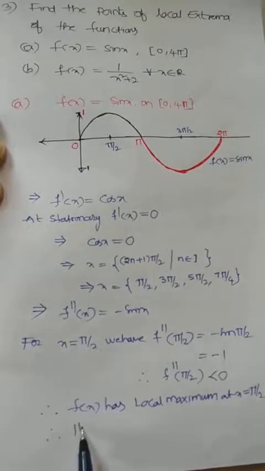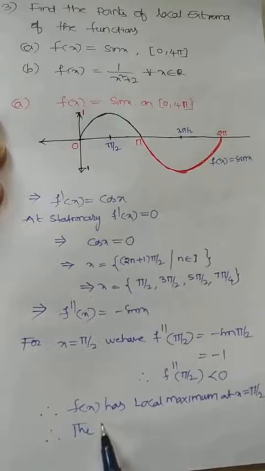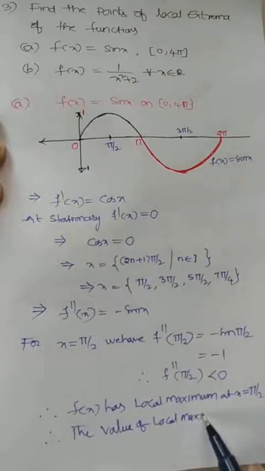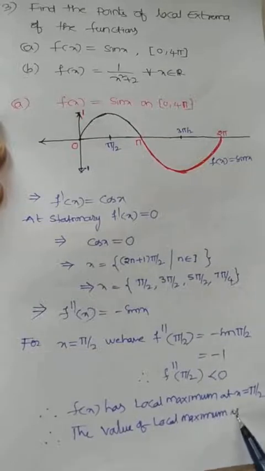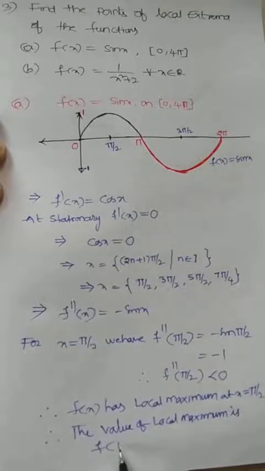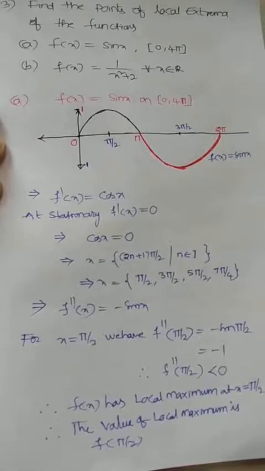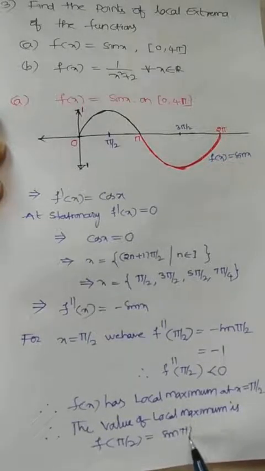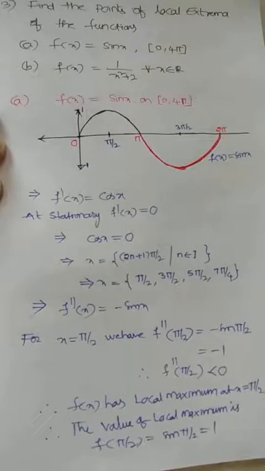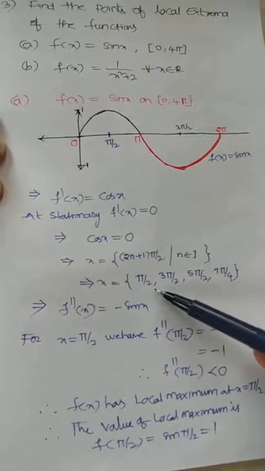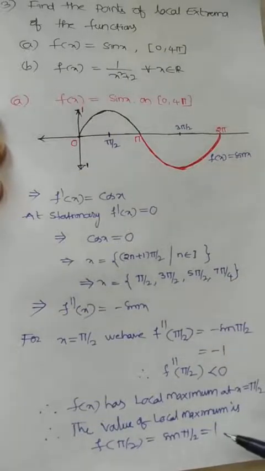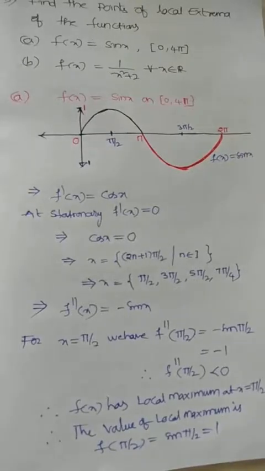Therefore the value of the local maximum is f of pi by 2, which equals sin pi by 2, which equals 1. So at the stationary point x equals pi by 2, we have the local maximum for the given function. The value of the local maximum is 1.